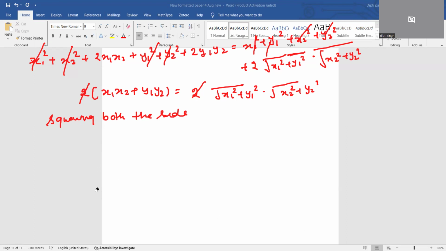Squaring both the sides, we get x1 x2 plus y1 y2 whole square equals x1 square plus y1 square times x2 square plus y2 square.